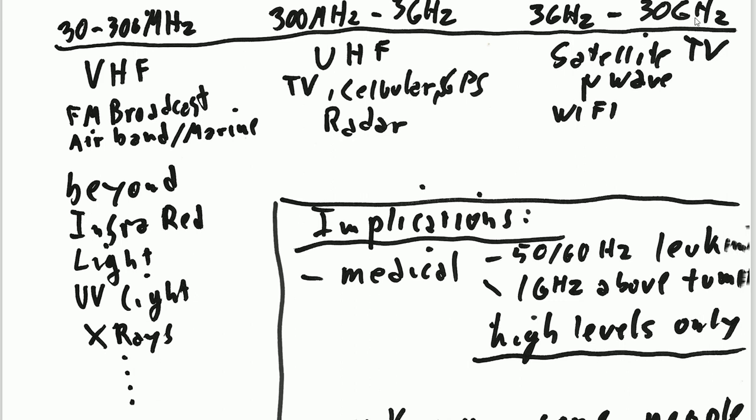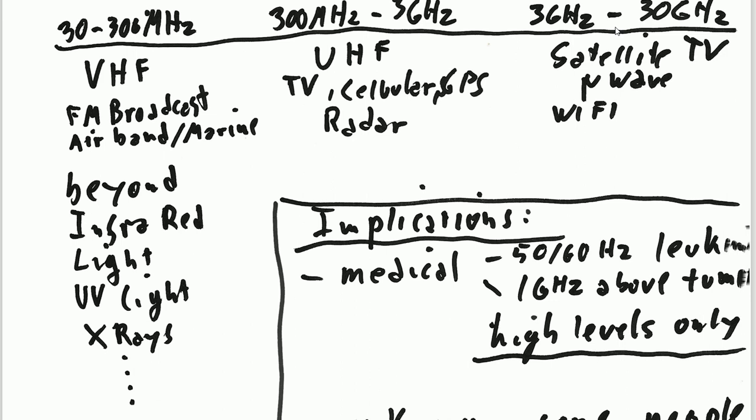Okay, 3 gigahertz to 30 gigahertz. So we've got satellite TV, which tends to be about 10 to 14 gigahertz. At about 10 to 14 gigahertz, rain becomes a problem. So when you've got a satellite dish and you try to watch your favorite TV program on a very rainy day, the higher the frequency, as you head towards 14 gigahertz, you get a massive deterioration of the signal.